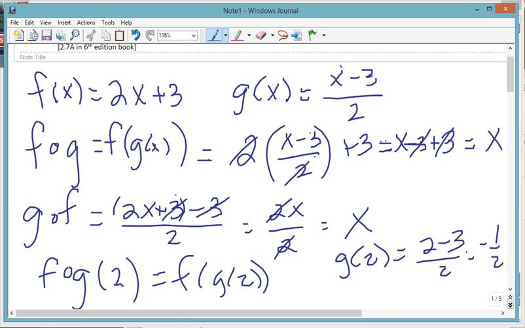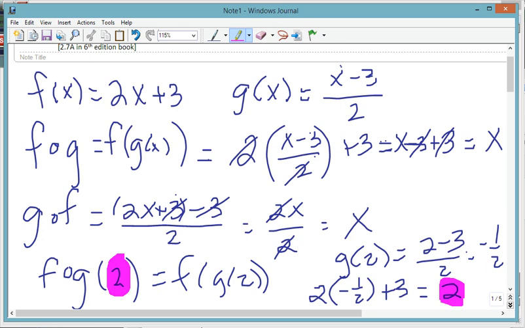And then I plug that into my f equation, so that would be 2 times negative 1/2 plus 3, and that would be negative 1 plus 3 equals 2. Alright, so you see that what I started with here is what I end up with after I put it through the composition. So when two functions have this relationship where they kind of undo the other one, we call them inverse functions.